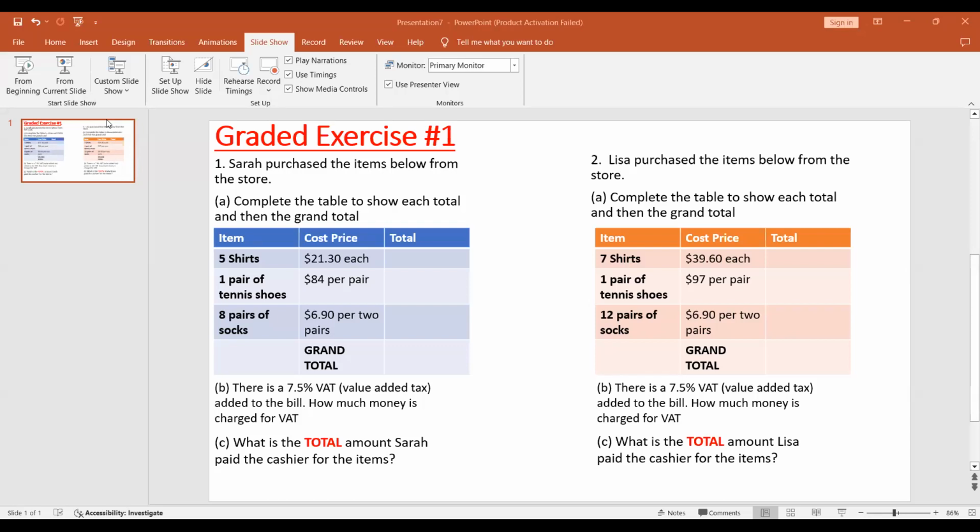I see in the notes what I'm supposed to be doing. I do the 7.5 over 100 times the total over 1, and I multiply that, and I get whatever I get over 100.